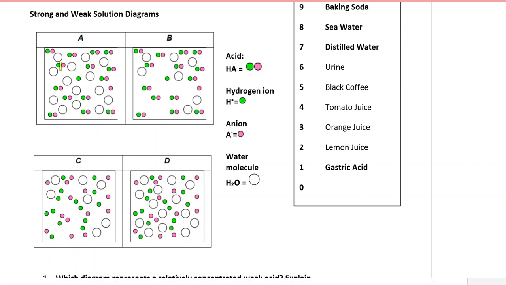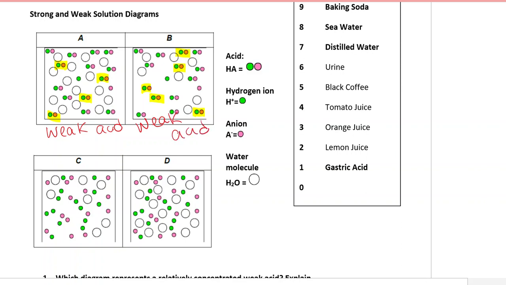In this first one, letter A, you'll notice that there are a lot of acid particulates that are not dissociated. So that would indicate that this is a weak acid. If you look at letter B, it's the same thing. Most of the acid ions are together. So again, this is another weak acid.